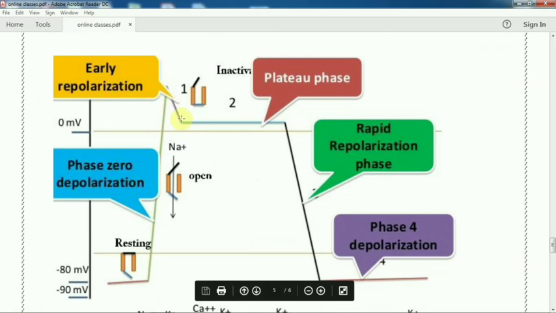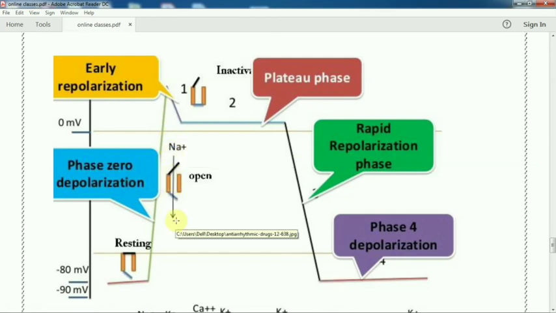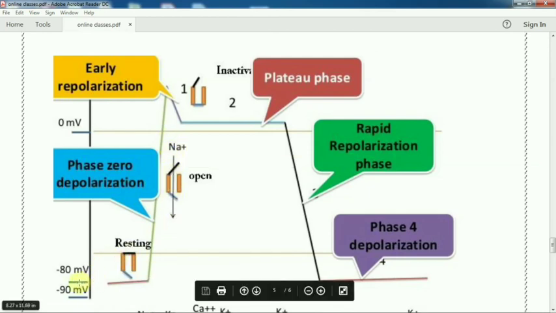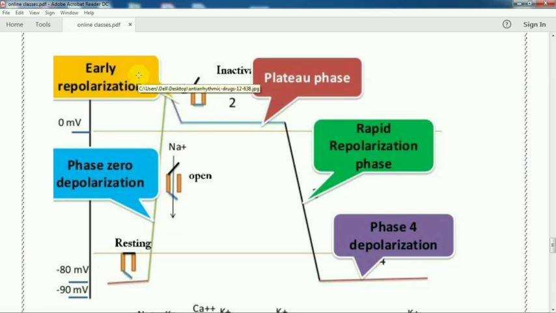In phase 0, the sodium channel opens and the membrane potential goes from minus 90 millivolts to 30 millivolts. In early repolarization, the potassium channel opens from inside to outside, and the potential goes from 30 millivolts to 0 millivolts.